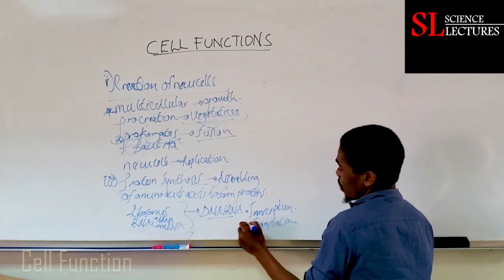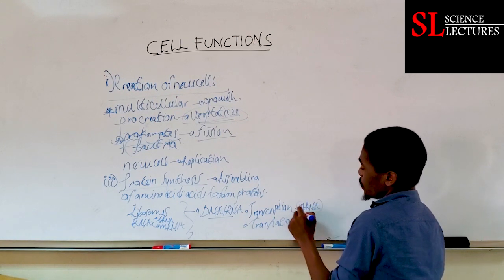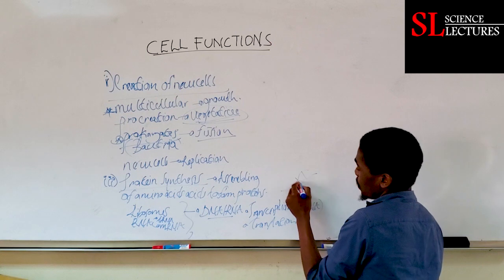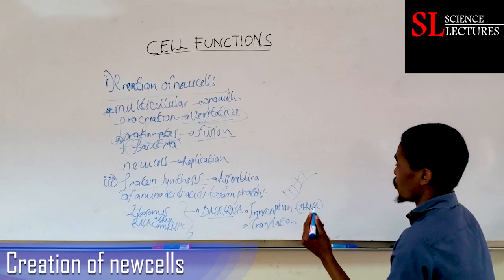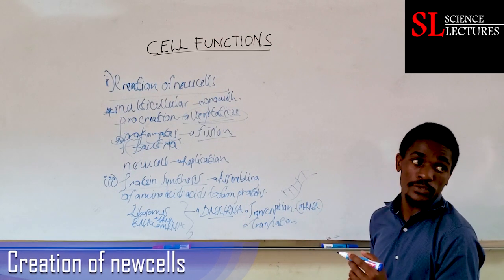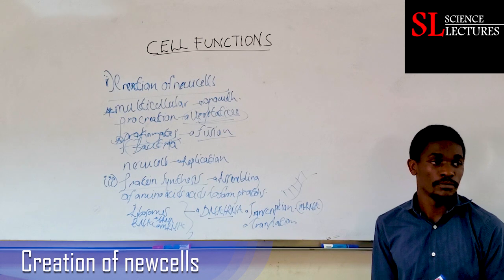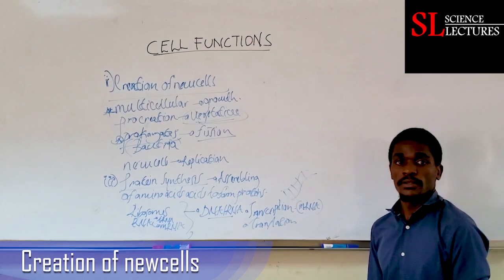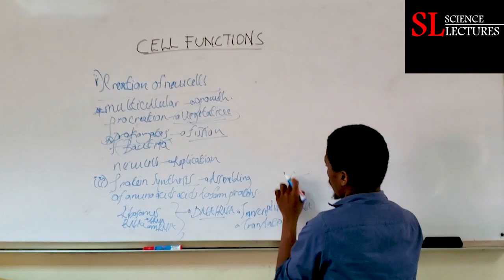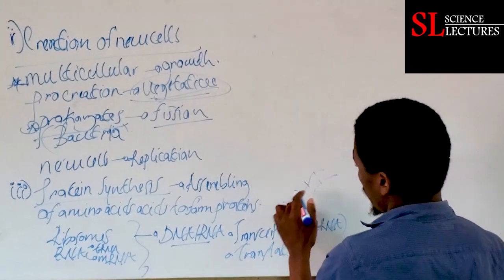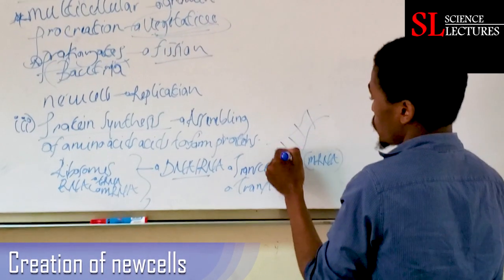And transcription is all about formation of the single-stranded messenger RNA. So initially we have a strand of DNA, then we split the strand using the helicase enzyme, like we will see in the process of protein synthesis in our molecular biology series.